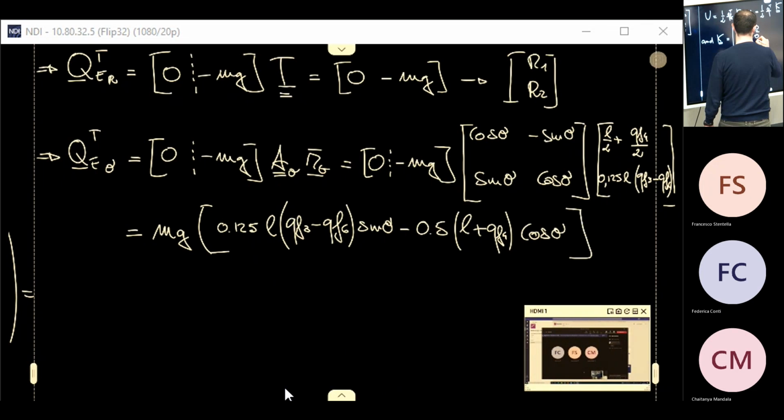And in fact, it's a scalar, as expected, because it is associated to only one variable in the rotational coordinates, which is theta. So we can actually also remove this. Okay. And then there is the last one.